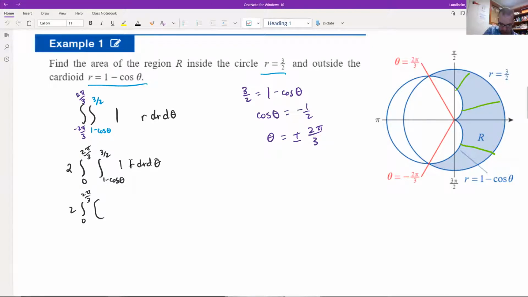So this is going to become r squared over 2, and we're going to plug in 3/2, and we're going to plug in 1 minus the cosine of theta. So we plug in 3/2. Woof. 3/2 squared will be 9/4. So we got 9/8.